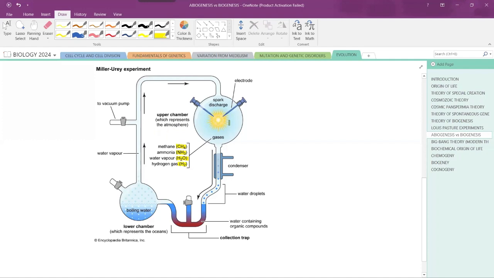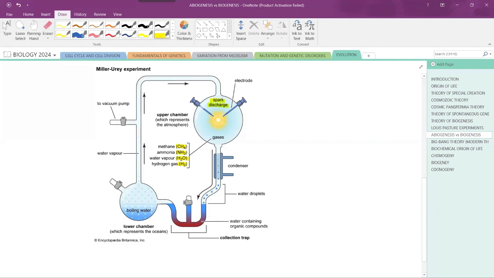Because of that, there are two electrodes which continuously discharge a spark, and there is a condenser which cools the water vapor present in this circular glass, and you will see that water droplets form, and these water droplets are collected here.